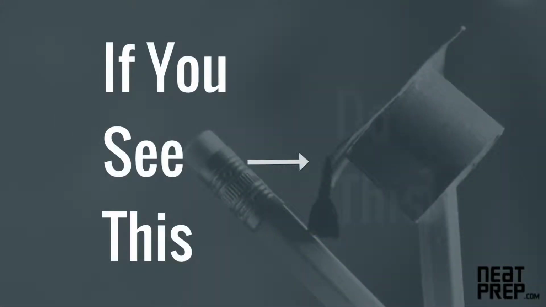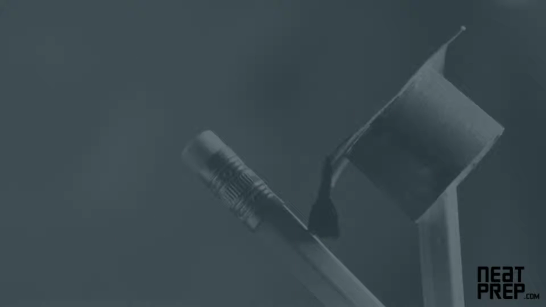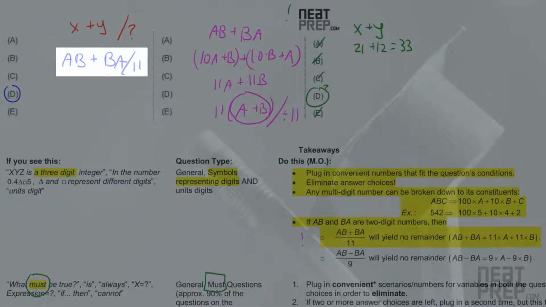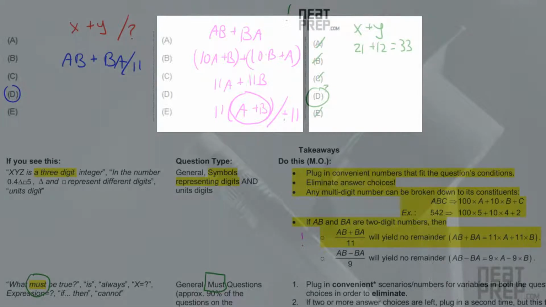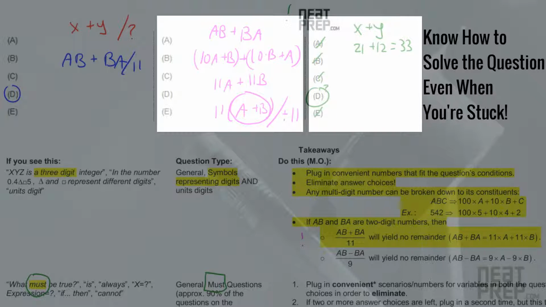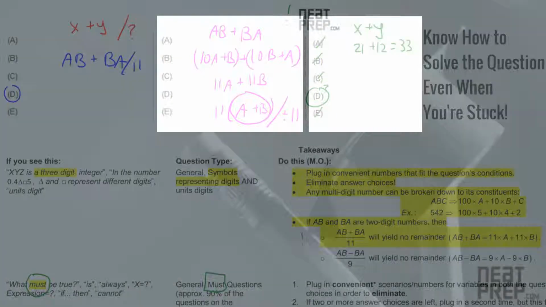In other words, if you see this, do this. Each explanation indicates the fastest way of solving the question, followed by 1 or 2 backup solutions in different colors, which illustrate what you will need to do in case you did not know how to solve the question.